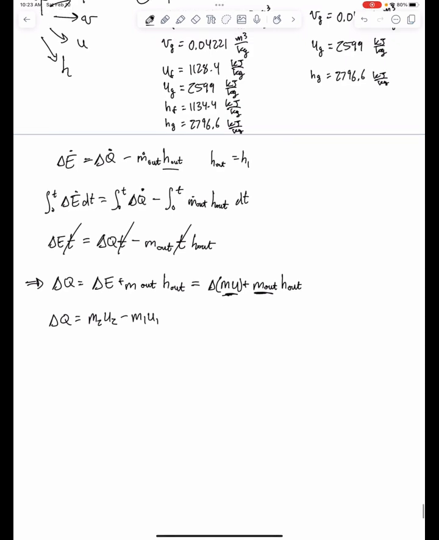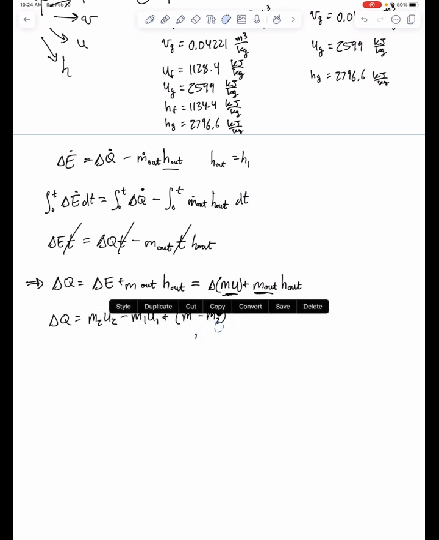For the other term, the mass out term, it's the difference between those two values. Oh, actually, M1 is higher, so you want to keep that over there. Because there's a leak, M1 minus M2 times H1.